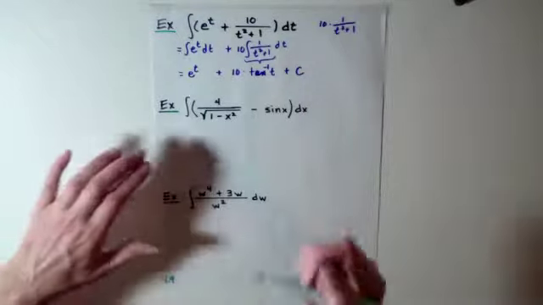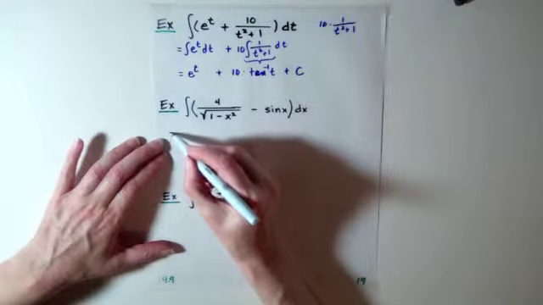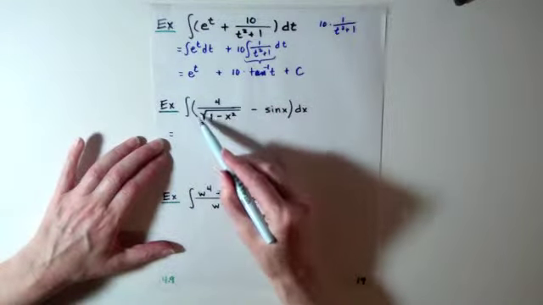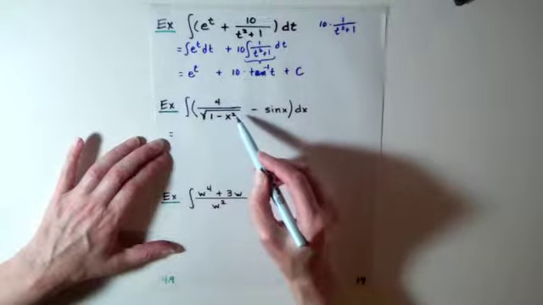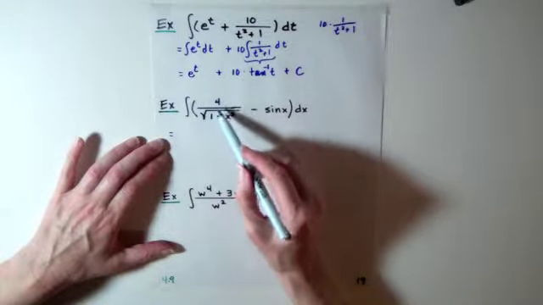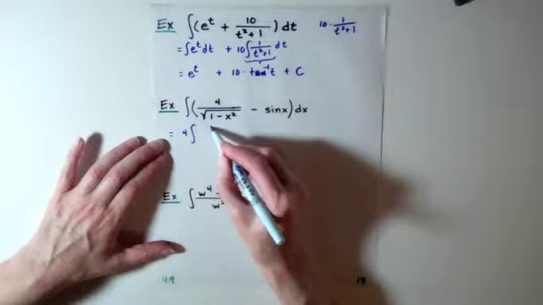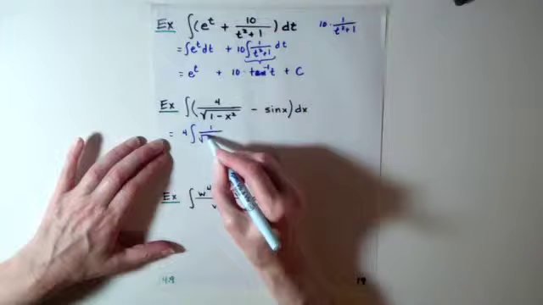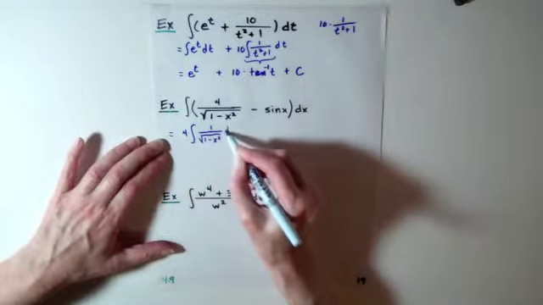All right, well, let's try these together. I'm going to break this up into the integral of each term. For this one, when I do the integral of this part, 4 over root 1 minus x squared, the 4 is a constant multiple. I could pull that out, and I would be left with 1 over the square root of 1 minus x squared dx.